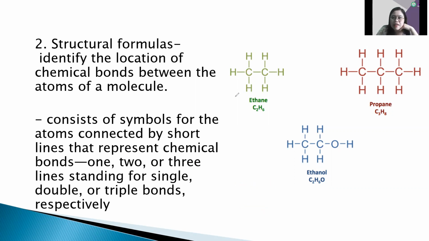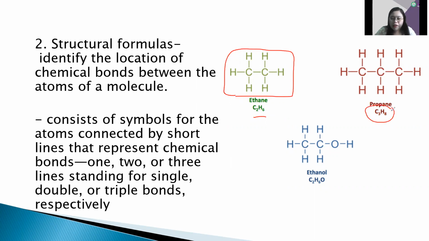So as you can see, this one is the structural formula of ethane. And this C2H6 will be the molecular formula. Again, the molecular formula will just be summarizing everything, like you have 2 carbons and 6 hydrogens for ethane. That is also true for propane.